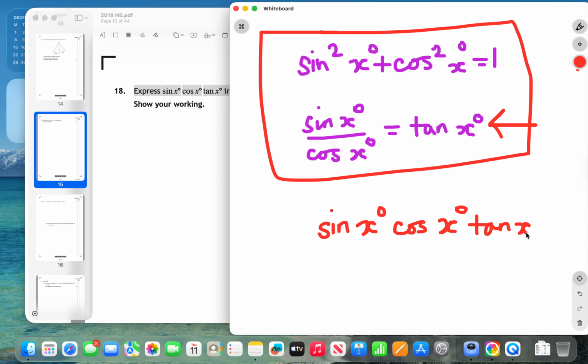There's a few ways you can do it, but the best one to do is, let's substitute tan x for sin x over cos x. I don't know what it is, but I feel as if getting rid of the tan x as soon as possible makes things easier. Yeah, I would say the easiest way to do it is to eliminate the tan x in place of sin x over cos x.